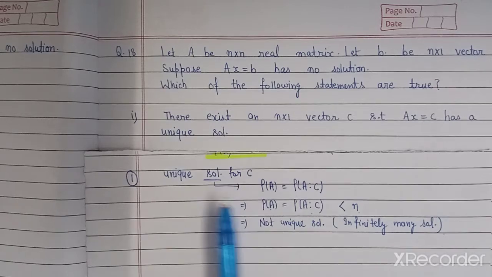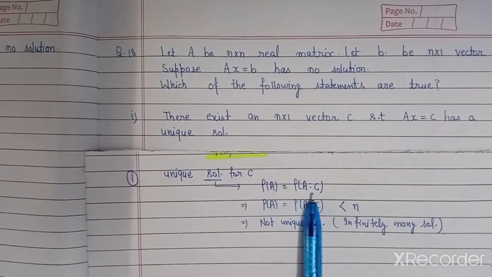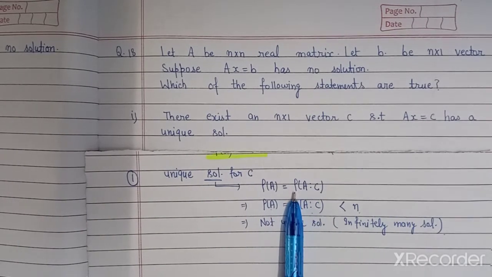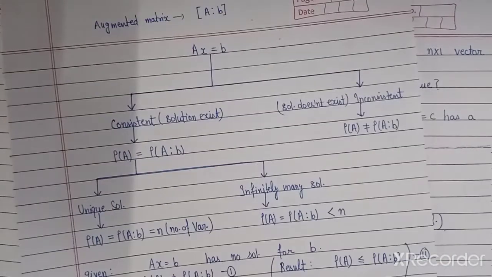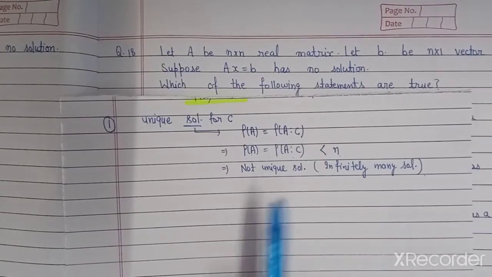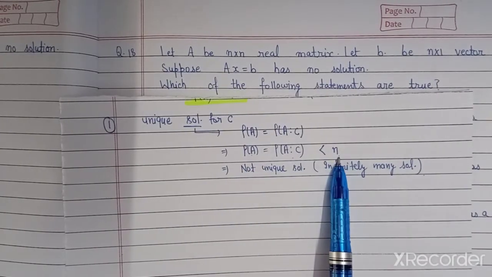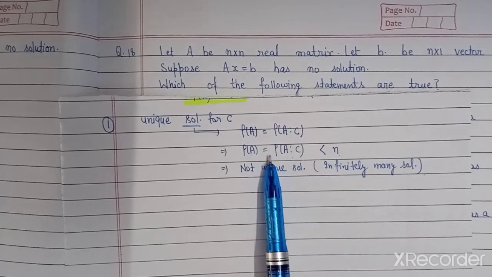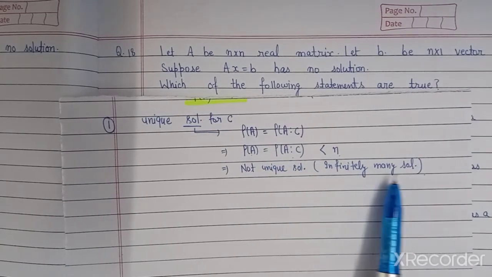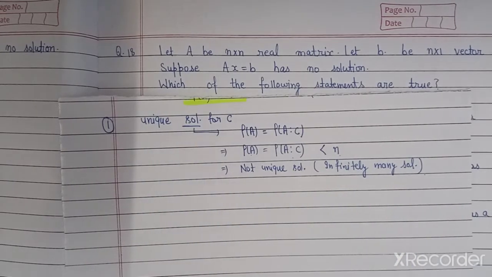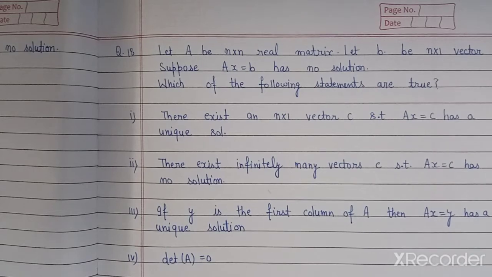Existence of a solution means rank of A is equal to the rank of the augmented matrix of A. Now we know that rank of A is strictly less than n. But this is the condition that the system Ax = C has infinitely many solutions, but in the option it is given that this has a unique solution. This implies option number first is wrong.